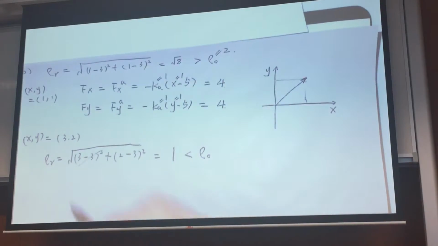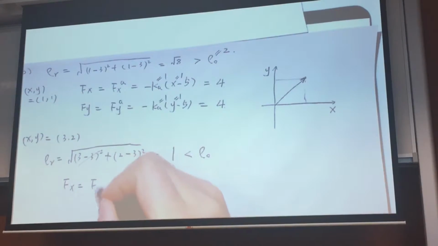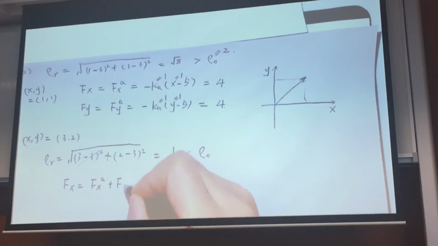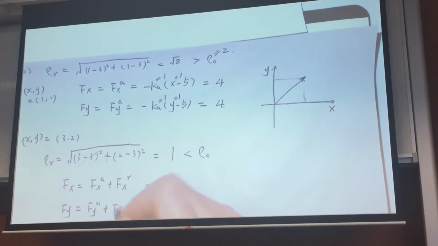Inside the repulsive domain, the fx is given by fxa plus fxr. If you do this, this one equal to 2. So fy equal to fya plus fyr.